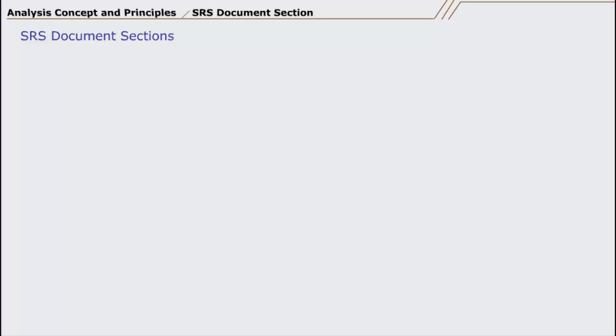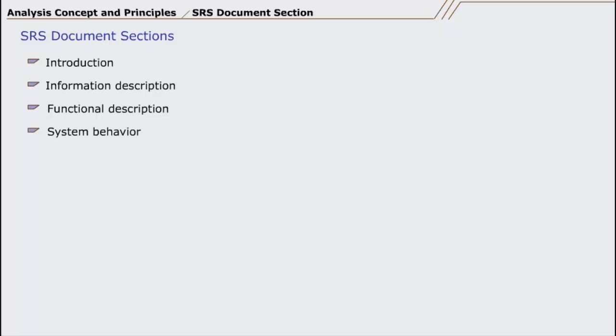SRS usually contains these: introduction, information description, functional description, system behavior, performance requirements, design constraints, validation criteria.